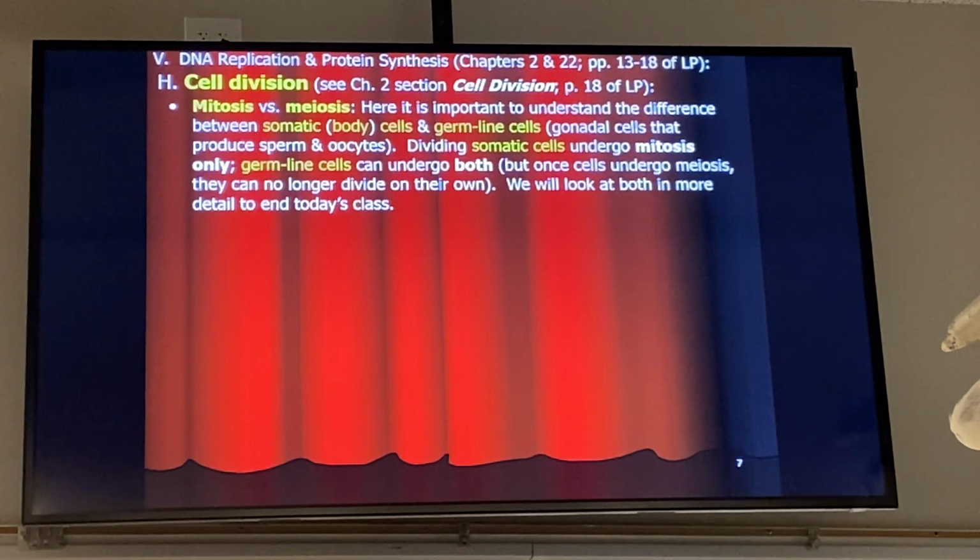You must know that germline cells do both mitosis and meiosis. Somatic cells only do mitosis. That does not mean that germline cells don't do mitosis. It means germline cells do both. But somatic cells only do mitosis.